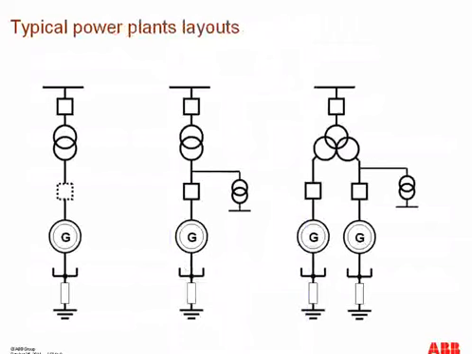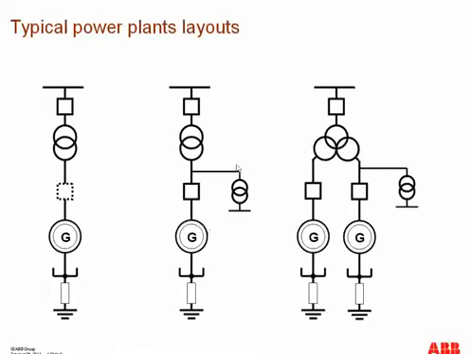As far as the layouts are concerned, we typically see these three layouts in our power stations. As you can see, in the first one we may or may not have the generator breaker, and the generator sometimes is directly connected to the GSU, and this is the grounding system for this type of layout.